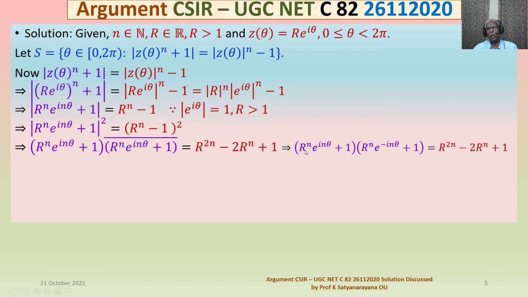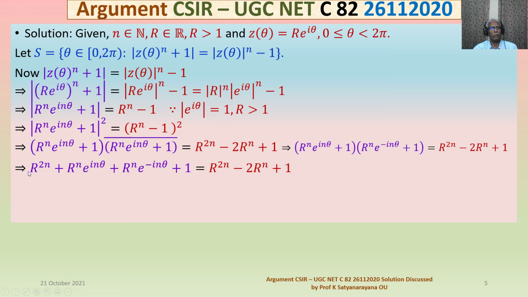Now multiply r^n e^(i n theta) by r^n e^(−i n theta), which is r^2n, and then the cross terms. So that will be r^(2n) + r^n e^(i n theta) + r^n e^(−i n theta) + 1 = r^(2n) − 2 r^n + 1.